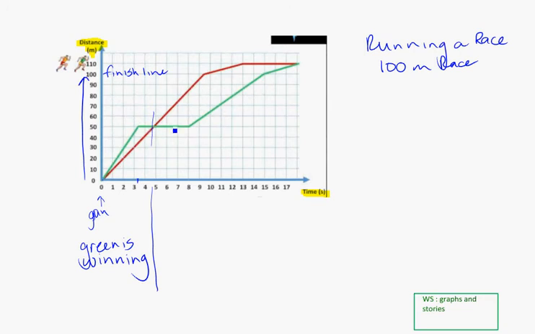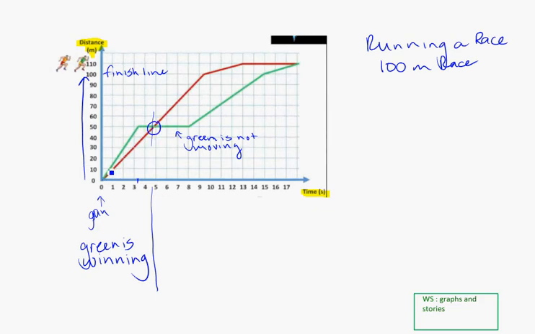So the green one here is actually not even moving. We can see that because it's the flat line. He's staying at the same distance, 50 meters from the start, the whole time along there. And what happens here? What's this important point?